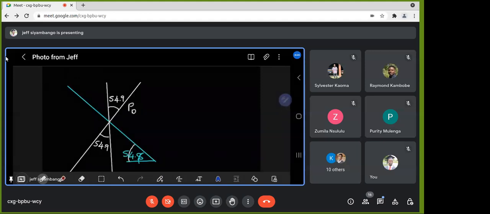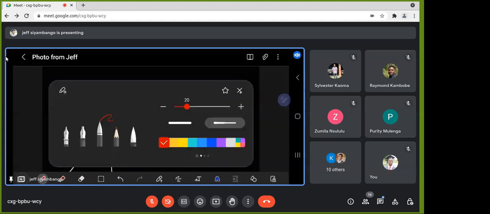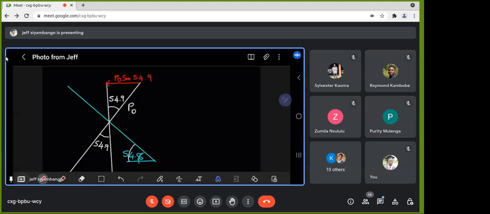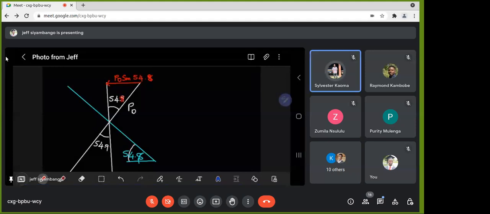So to break down PD into components, this is the X component, and it is opposite to the 54. So the X component becomes PD sine the angle we're comparing with, which is 54.9. So this is why we used 54.9. Is that okay? Not 0.9, 0.8. Yes, it's okay. Great.